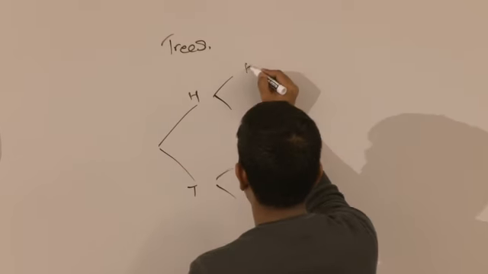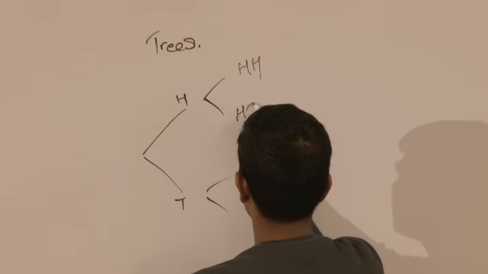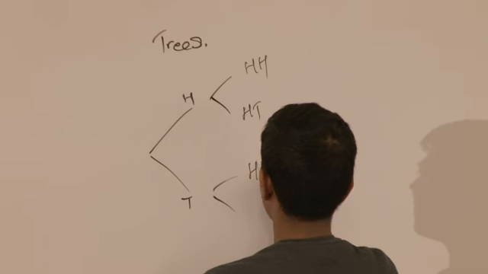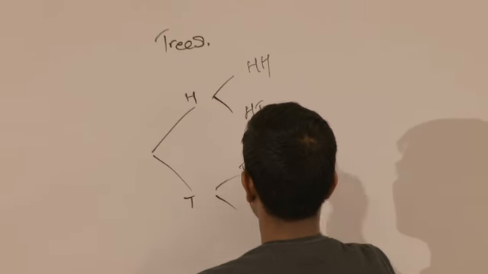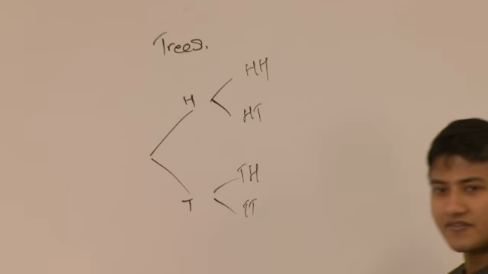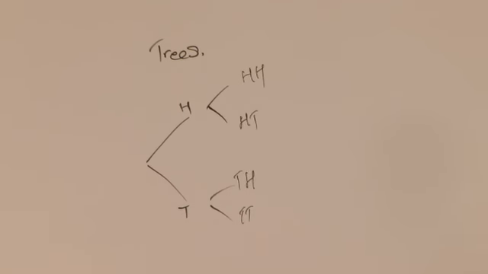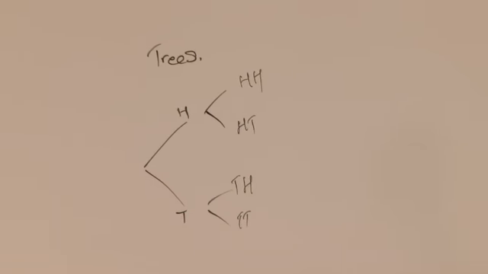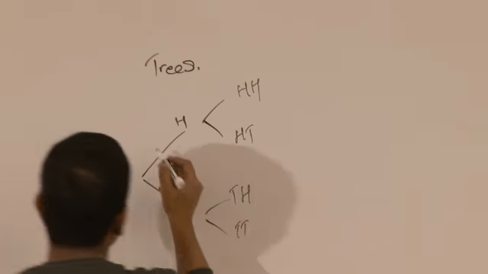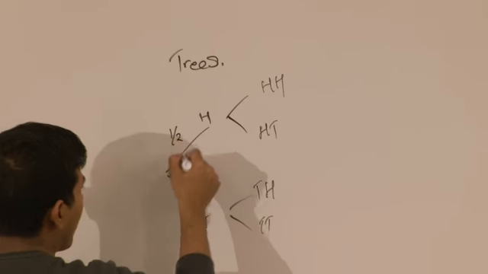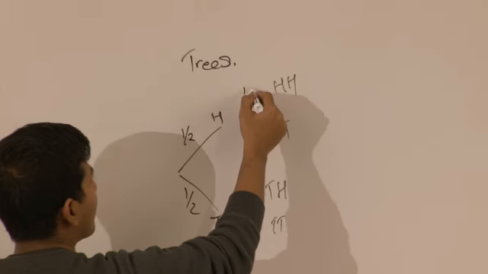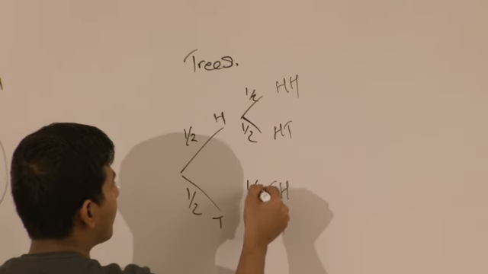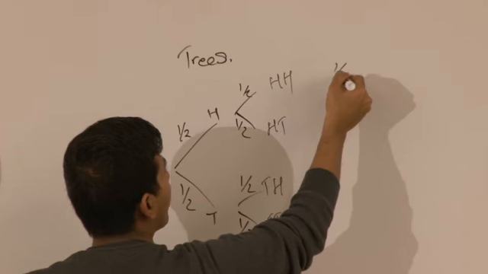So this would be HH, HT, TH, TT. Okay? And we know this could happen with probability half. So we know it's again half, half, half, half. So this is 1/4.